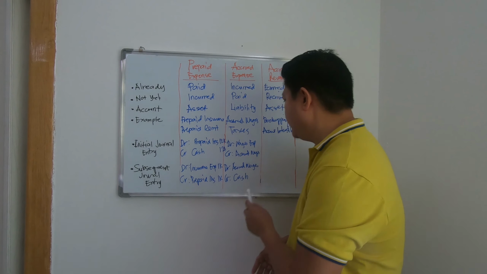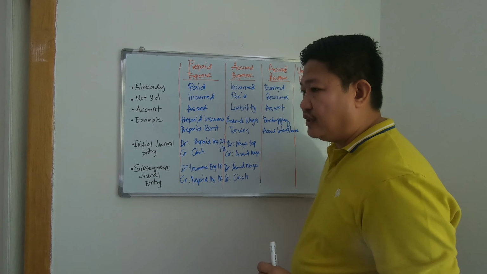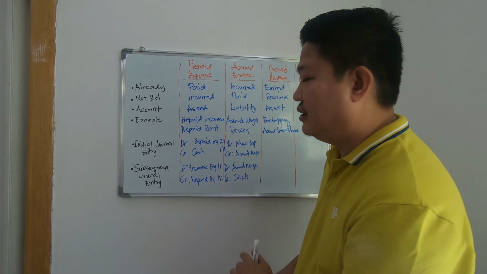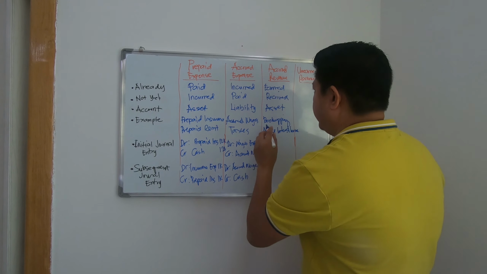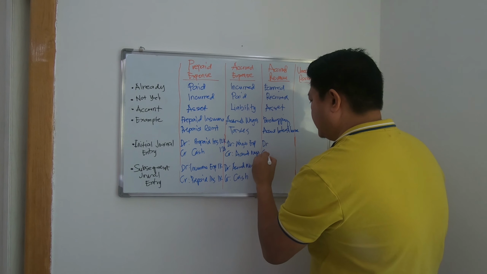So you have to record the interest now, because it is earned in the current month. To record the accrued revenue initially, you have a debit and a credit.